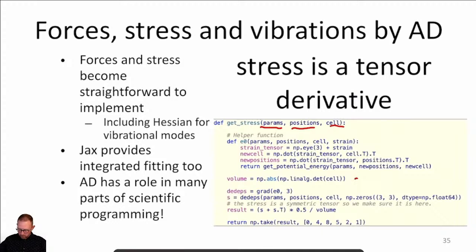We calculate the volume. We have one line to get the function for the derivative, and then we just evaluate it at the place that we want. This makes it symmetric, and then we return the stress elements. Again, we just change anything we want in potential energy, and this automatically propagates the stress correctly.